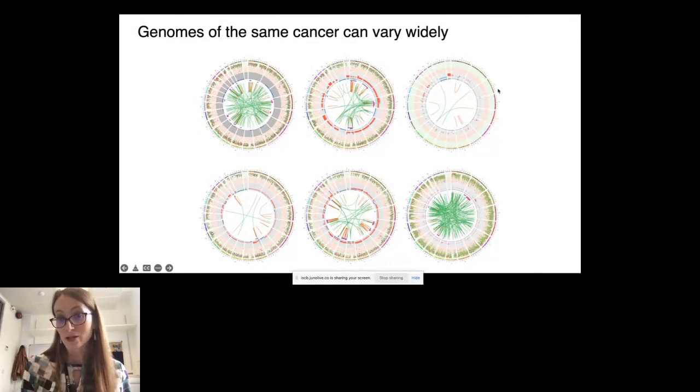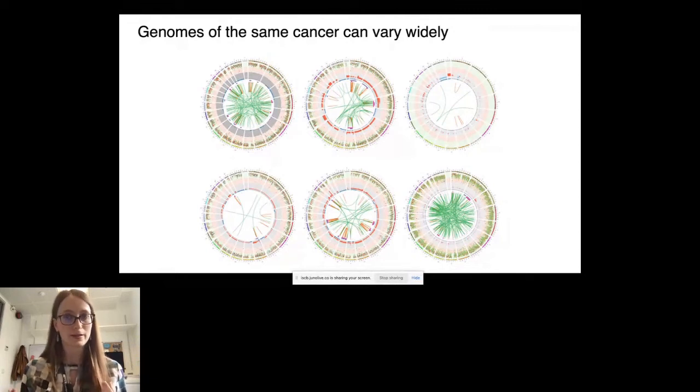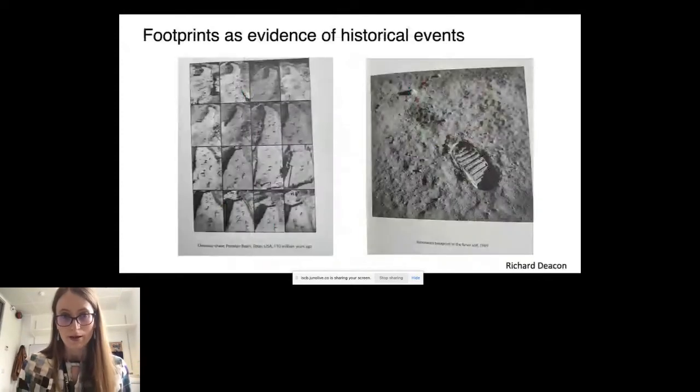There are some genomes that are quite quiet, with very few rearrangements and few point mutations, if at all. So there's an extreme level of heterogeneity, which really complicates things in cancer. And this is why we keep on identifying new subtypes of different cancers. And this helps us better study this disease, which is not one disease, but a multitude of diseases.